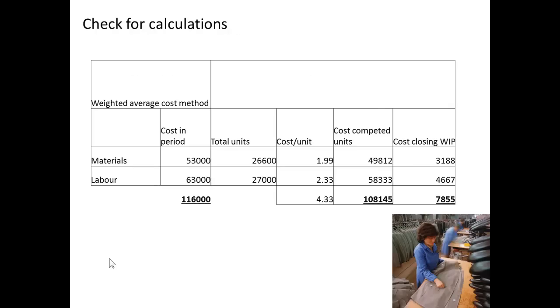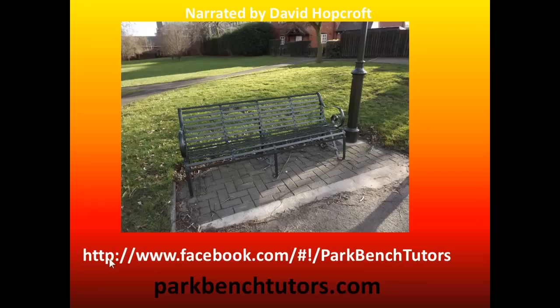If I want to check my calculations, I had costs in period which totaled 116,000, so at the end my completed units and my cost for the closing work in progress 108,145 plus 7,855 is going to give me 116,000.